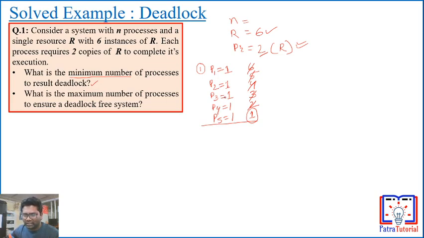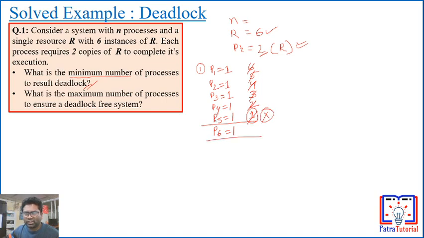But I have to make sure that the system goes into a deadlock state. This is the question: the minimum number of processes to result in deadlock. So if I keep this one, the system will not go to the deadlock state. So I have to allocate this instance to another process. Let me allocate this one to P6, and now I have nothing. I don't have any instance or resources.